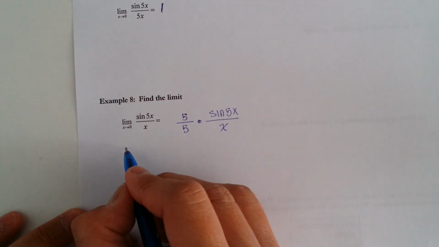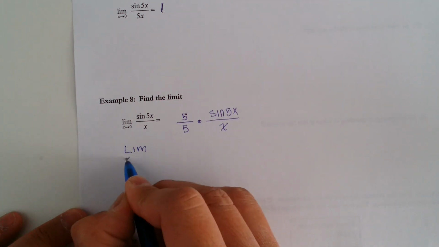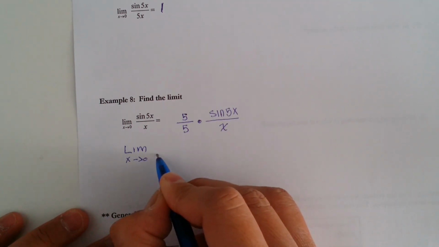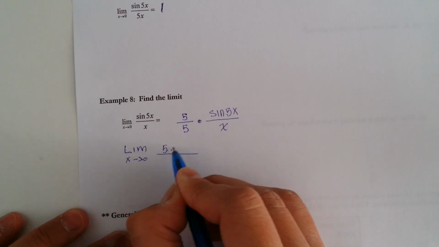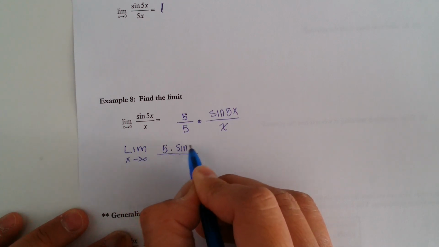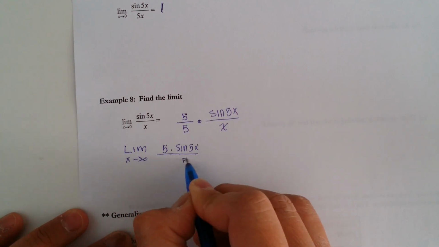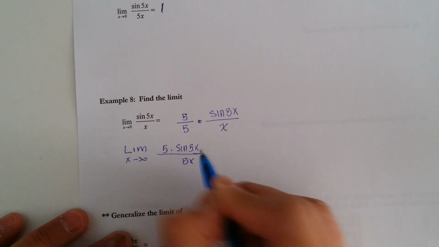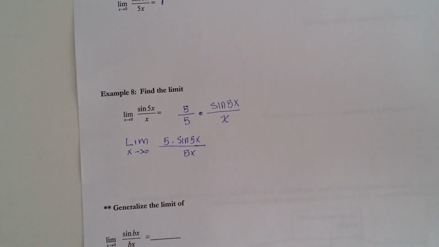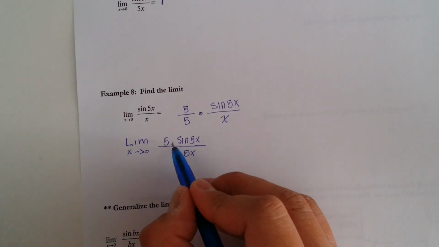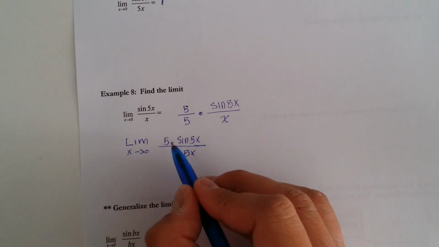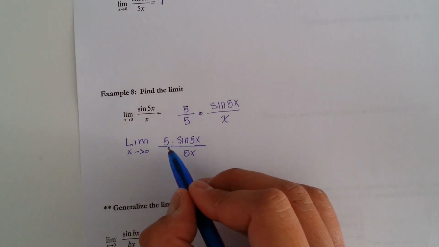So what? Well, guess what? We have accomplished what we wanted. We wanted a 5 in the denominator, so we got it. We got a 5 down here. See? Like that. Well, how does this constant 5 affect this limit? Well, the limit of a constant doesn't do anything.